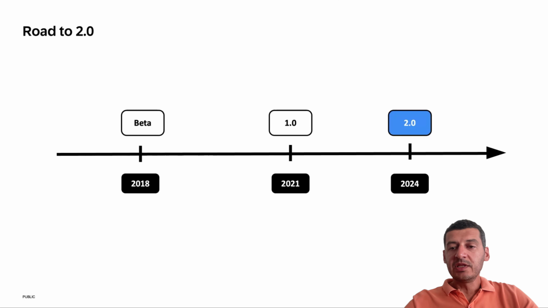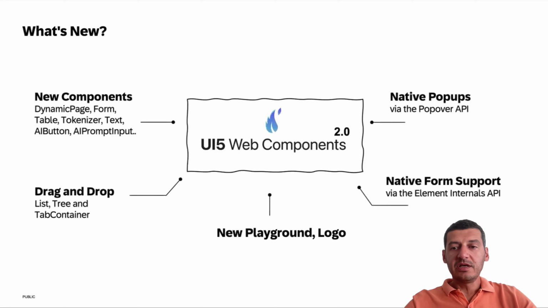Since version 1, 3 years have passed, so we have gathered lots of experience. The browsers have introduced new features. We have gathered feedback and usage. So we have the possibility with this major version to improve and make the framework slimmer and faster. In a nutshell, we have two major pillars.